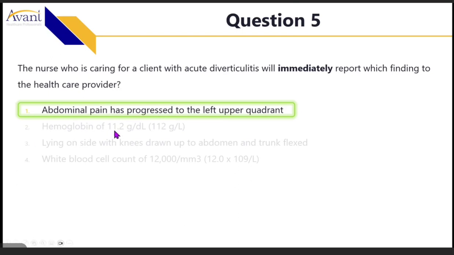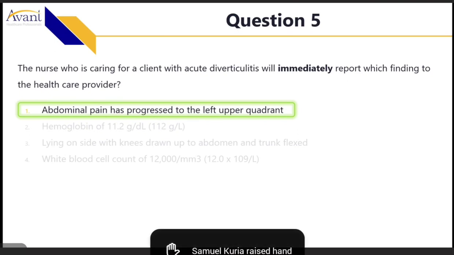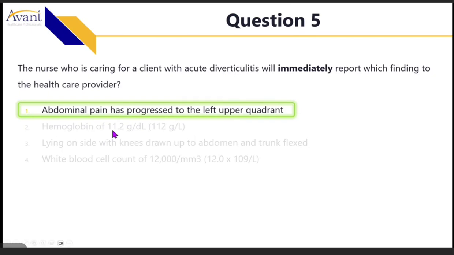So a hemoglobin of 11.2 is a mild anemia, right? And people with acute diverticulitis can have some rectal bleeding or GI bleeding that's associated with that. It's typically mild, but it can result in a mild anemia. But this is not so low that we think they need a blood transfusion right away, so I'm not necessarily calling my doctor. They're probably watching that. Lying on their side with their knees drawn up and their trunk flexed.